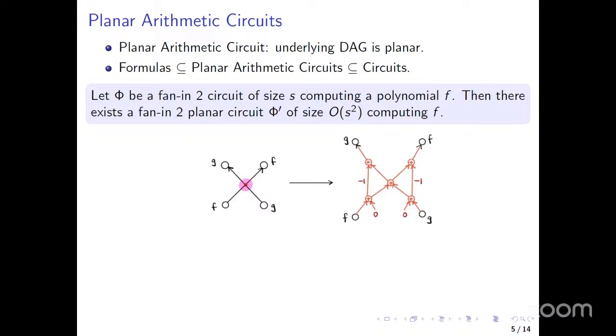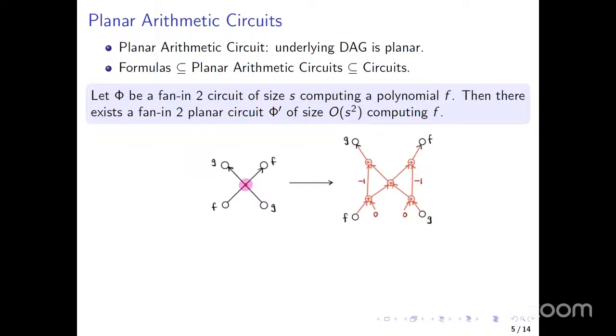You look at an embedding of the original circuit, look at an edge crossing, and replace every edge crossing with a small gadget which has not too large size, ensuring that the polynomials computed are the same. You have to do it slightly carefully: you zoom into this pink zone and embed the gadget so that no other edge crossings interfere. But that's some technicality. So with a quadratic blow up in size, you can planarize any circuit.